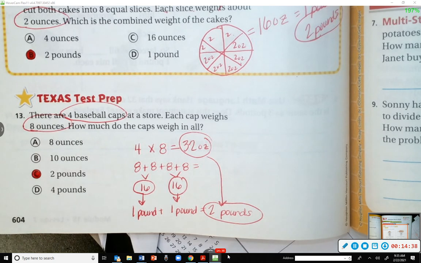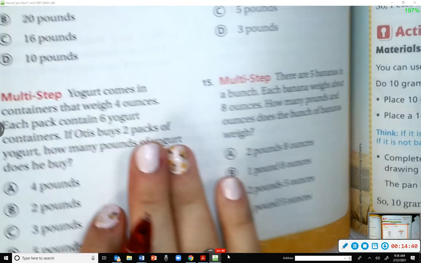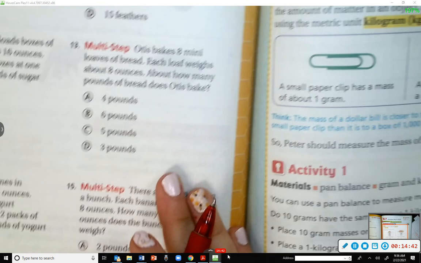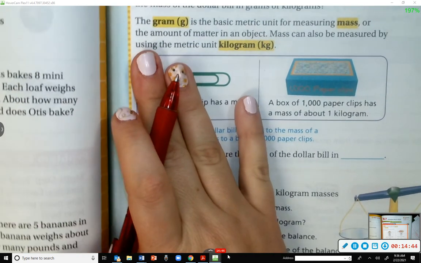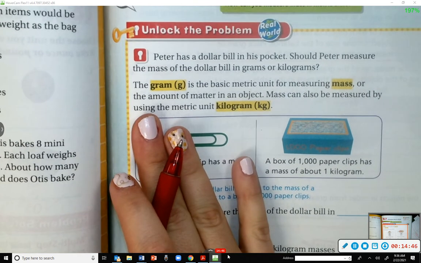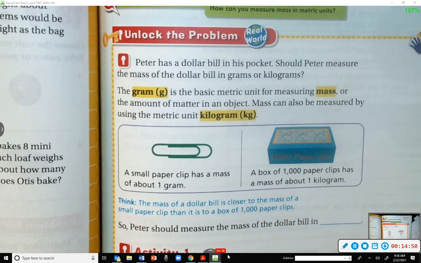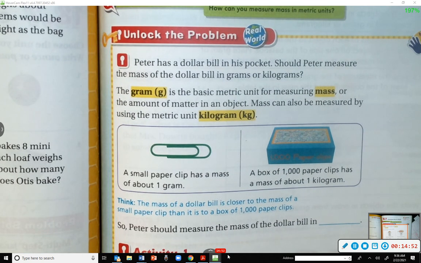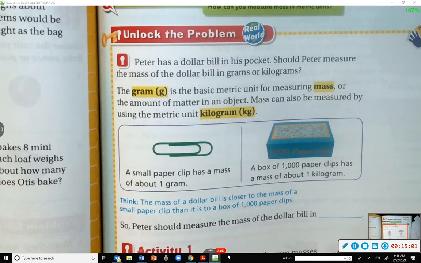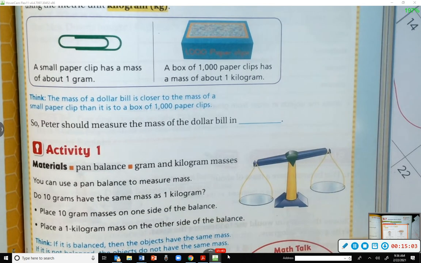Okay, now we're going to flip to page 607, and we're going to talk about mass. Okay, mass is basically the same thing. It's using grams and kilograms though, okay? So you see this balance scale right down here at the bottom?